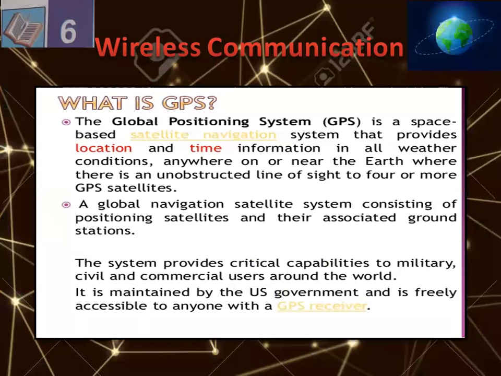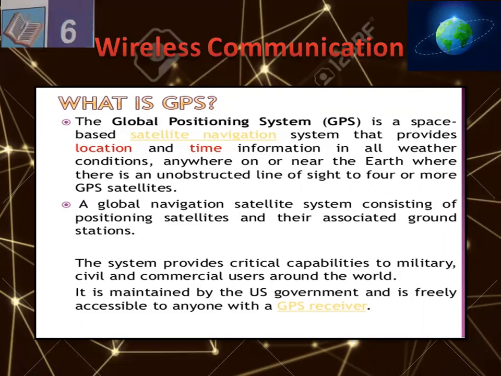What is GPS? The Global Positioning System is a space-based satellite navigation system that provides location and time information in all weather conditions anywhere on or near the Earth where there is an unobstructed line of sight to four or more GPS satellites. A global navigation satellite system consists of positioning satellites and their associated ground stations.